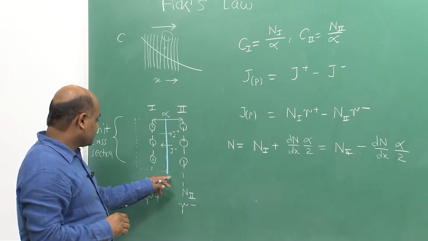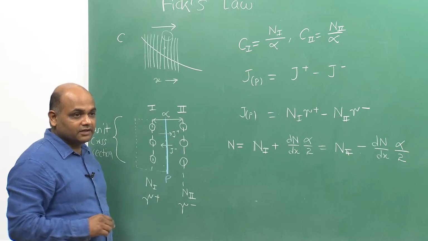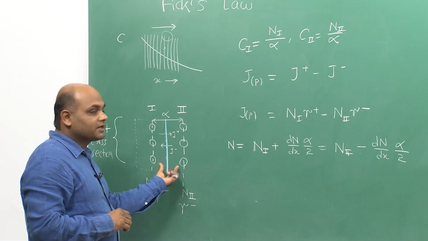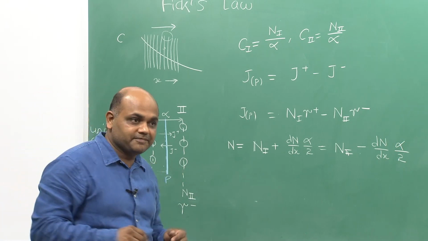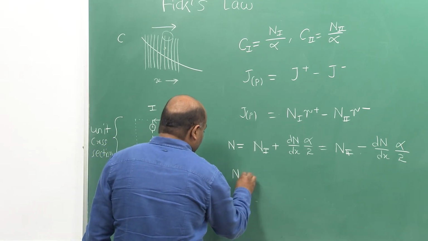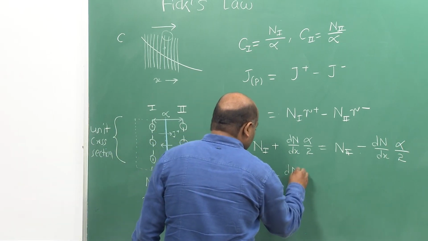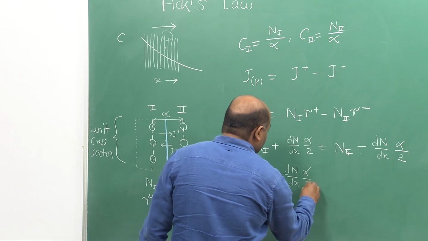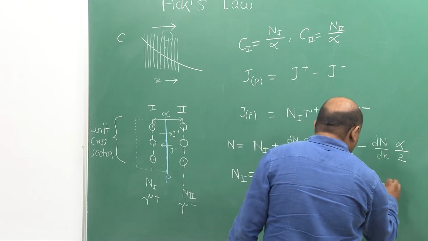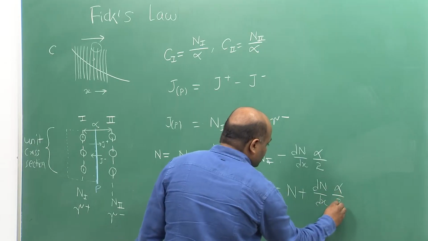So, we are making a small assumption here that the gradient is linear, which should be very close to reality, because the interatomic spacing is very small, right. So, we can make this assumption. So, now in terms of n, we can express n 1 as n minus dn by dx alpha by 2, and n 2 is equal to n plus dn by dx alpha by 2.